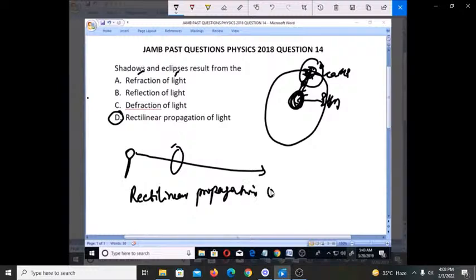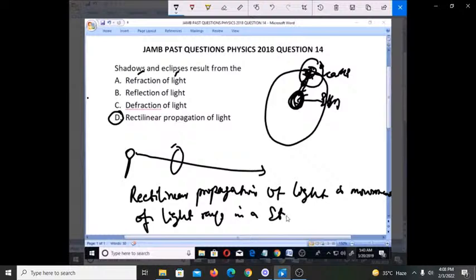And that is why option D is the correct option. So rectilinear propagation of light is the movement of light rays in a straight line.